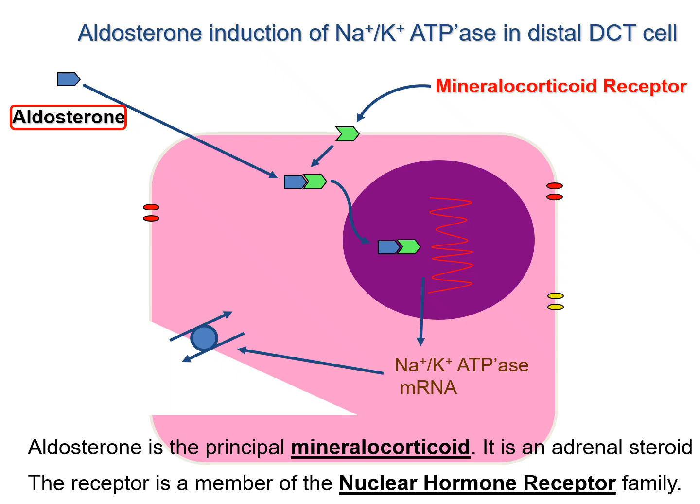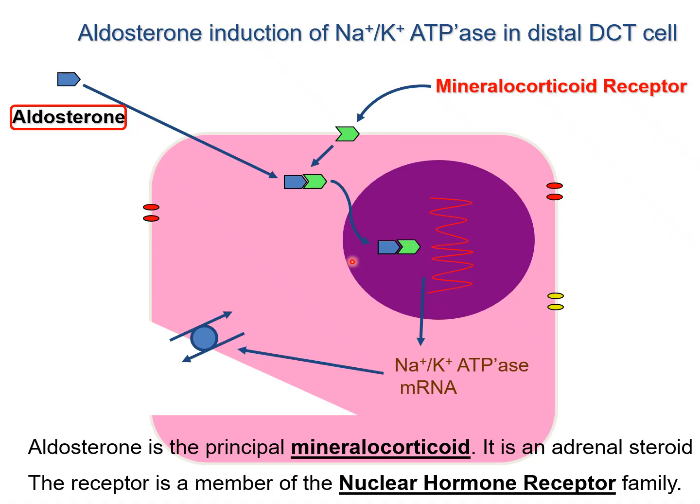The aldosterone is really necessary to bind to these mineral corticoid receptors in the plasma. And once this aldosterone, which is a hormone, binds to the mineral corticoid receptors, they form a complex that goes inside to the nucleus.